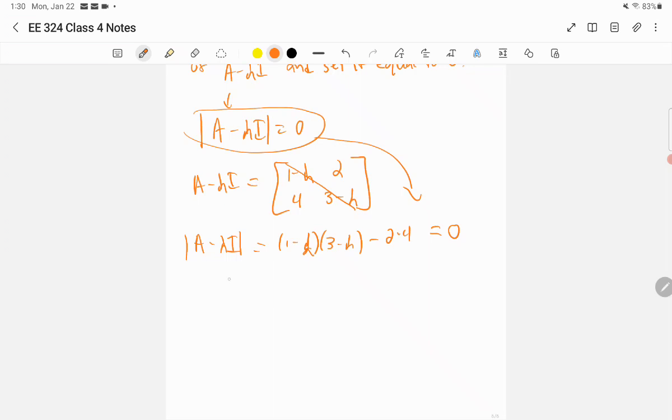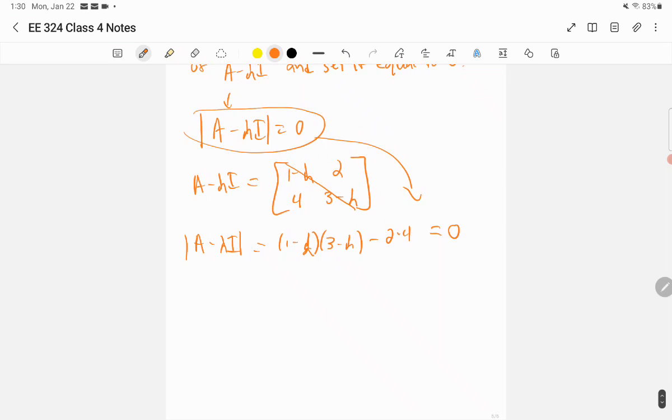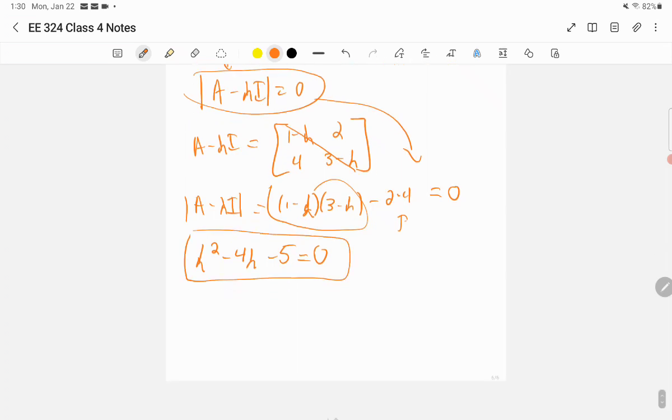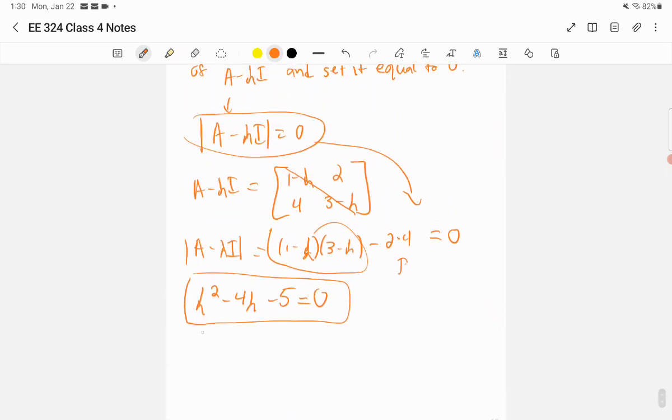Right, so then we can multiply this out, and you can check that I multiplied everything out right, but I end up with lambda squared minus 4 lambda minus 5 equal to 0. So you have to multiply this out and then subtract off 8, right, because this is minus 8, and you get to this as my answer, and then we can factor this to find the eigenvalues.